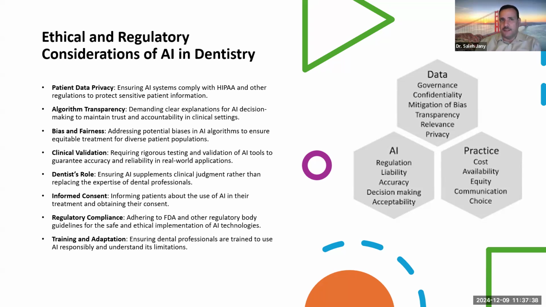If the AI tells you there's decay in the enamel or in the dentin, and the pulp is not involved, the patient doesn't need a root canal. But if it says the patient needs a root canal, it's different. Still, there's wiggle room and it needs time for this to be generalized. Not everybody will buy these programs; they are expensive, but they're going to get cheaper.